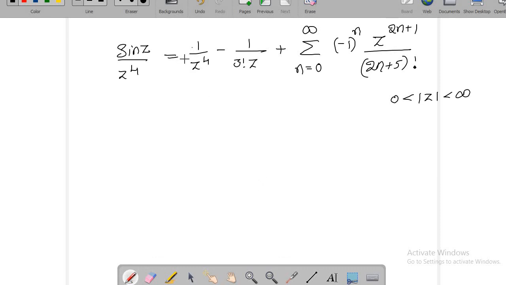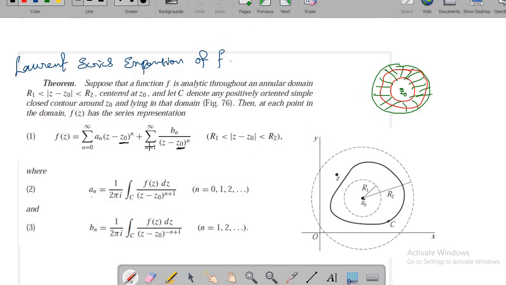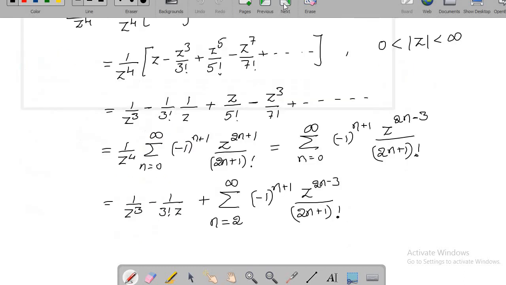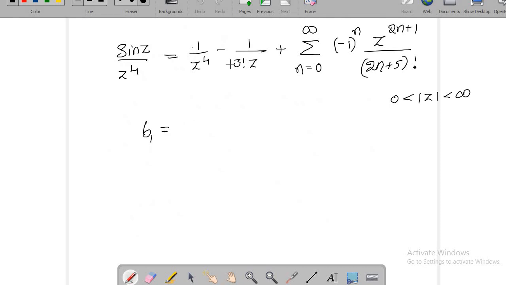So if you compare with the Laurent series expansion, can you tell me what is b1 here? You see the Laurent series expansion is here. b1 is the coefficient of 1 by z minus z naught. It means here it is the coefficient of 1 by z, so that is minus 1 by 3 factorial. And this should be z cube. If you see what is b2, b2 is 0 because there is no 1 by z square term, and b3 is 1.